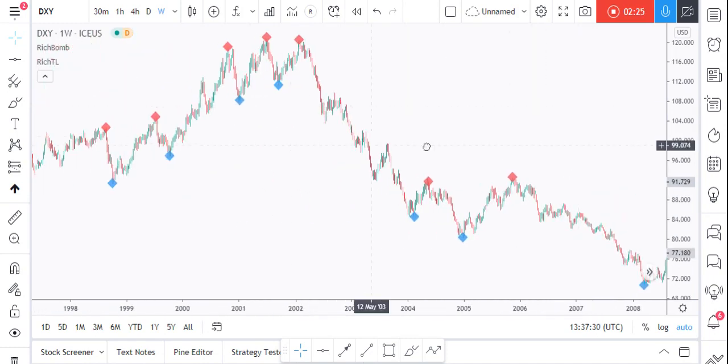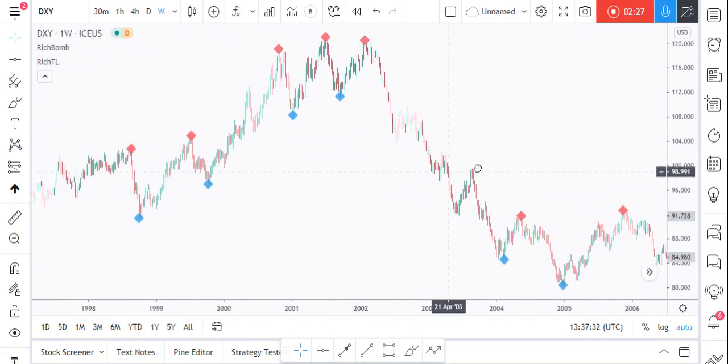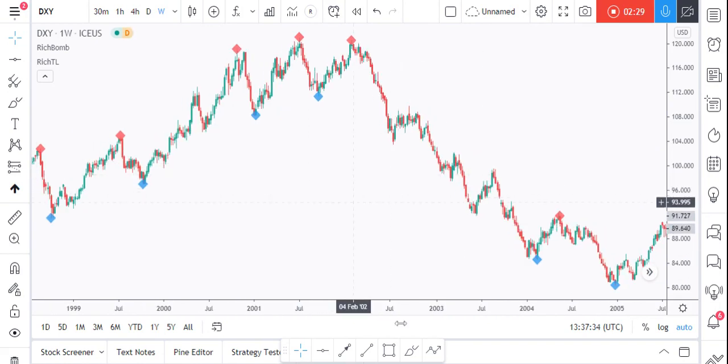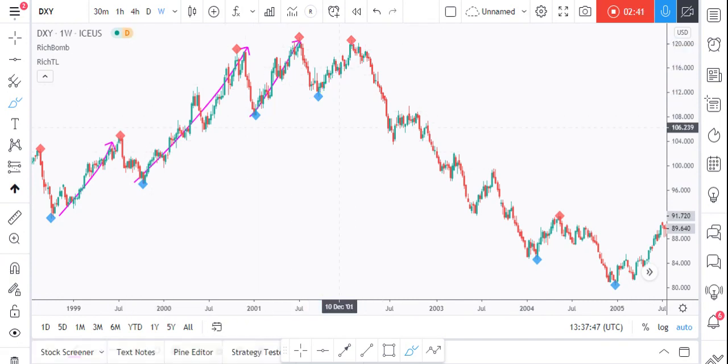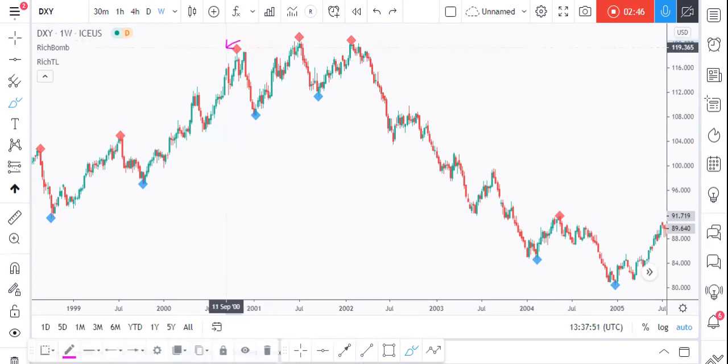As you see here, price was making higher highs and higher lows, and the impulse was a big impulse. Now here the impulses are getting flatter and even flatter. As you see, big, smaller, and even smaller than the previous one. Price was making higher highs, but here price failed to make a higher high.